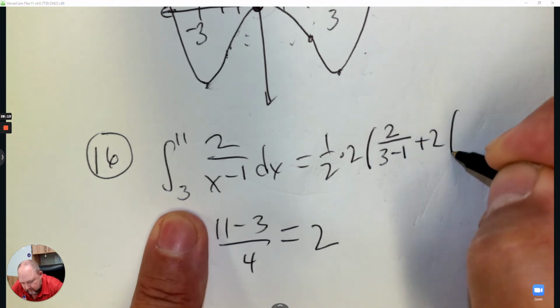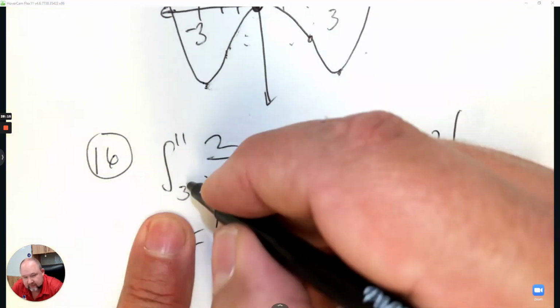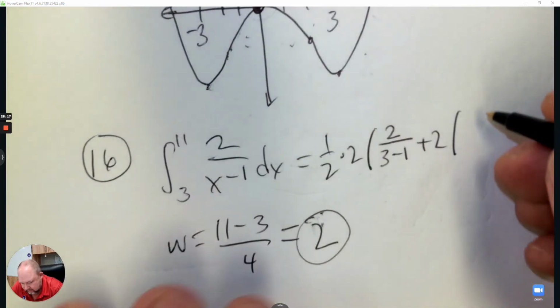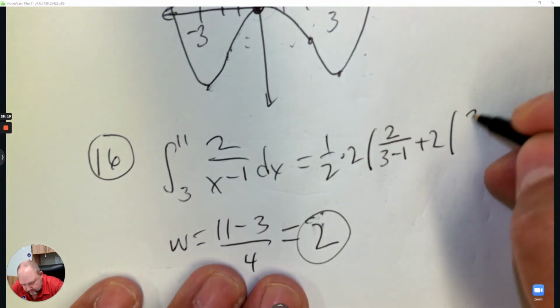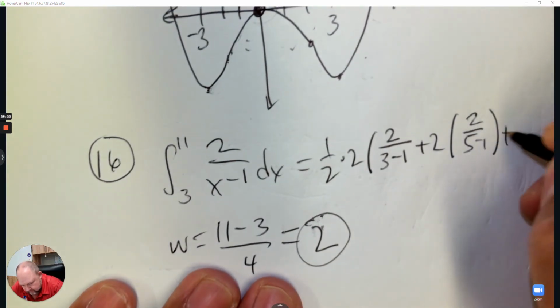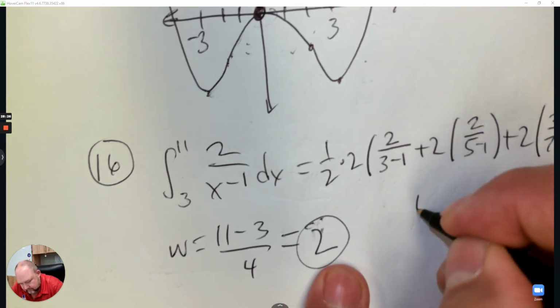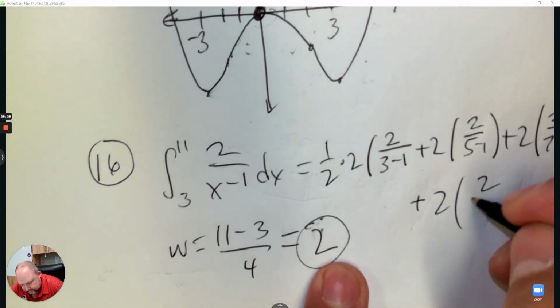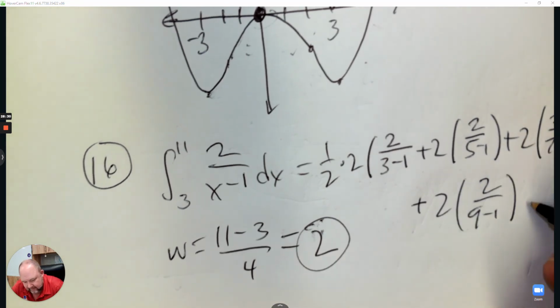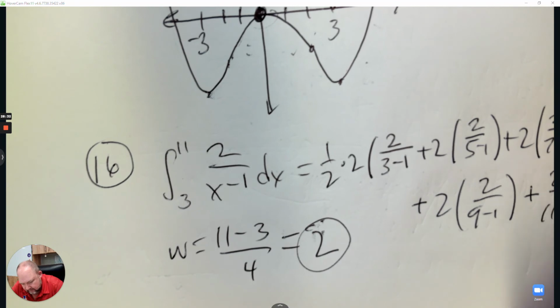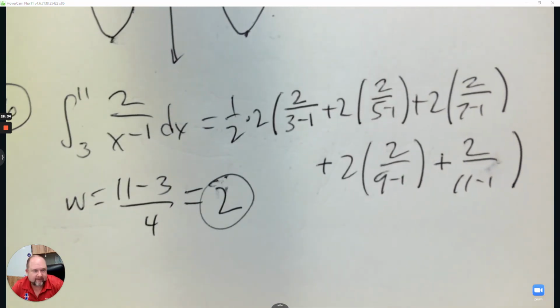And then I'm going to double. Now the width is 2, so the next interval will be at 5. We're counting by 2's. Next one would be 7. Then it'd be 9. And then the last one is 11, but I don't double it. And that's what it would look like.